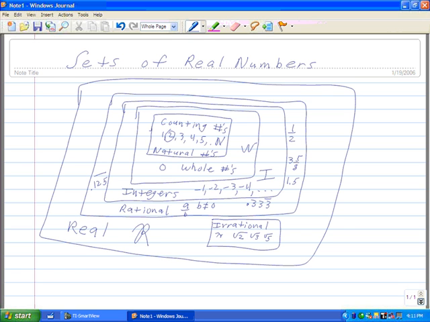For our rational numbers, though, we can't use the R because the R has been already used with the real numbers. So the symbol that's used with the rational numbers is the uppercase Q. And also with the irrationals, we can't use an I because that's already in use for the integers. So for the irrational numbers, we're going to use an uppercase H to represent them. So these are the sets of numbers that we will be working with in our algebra class and the symbols that represent them.